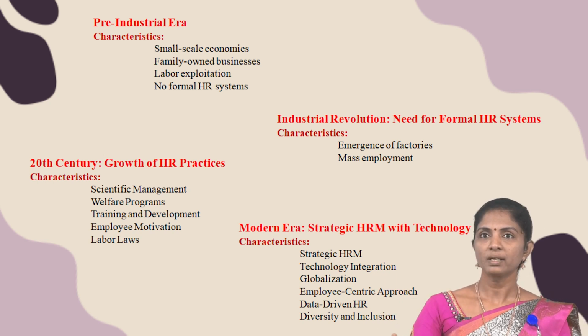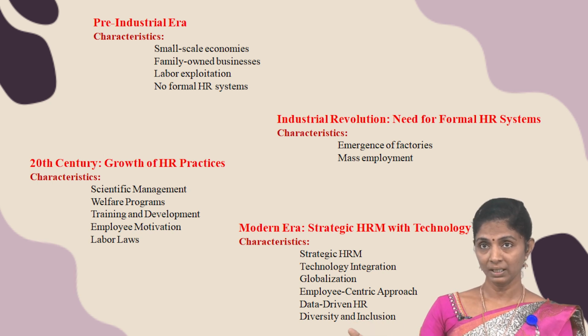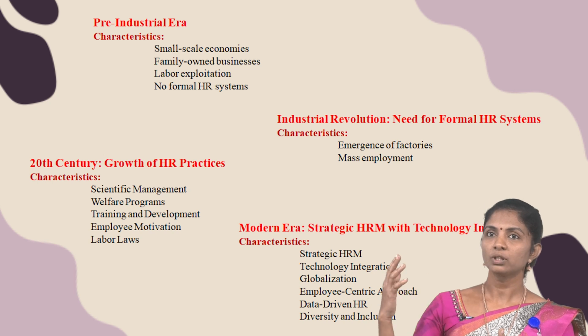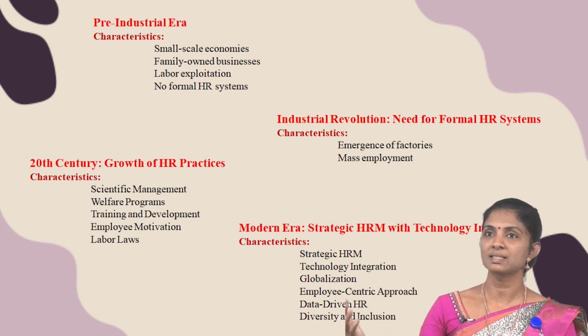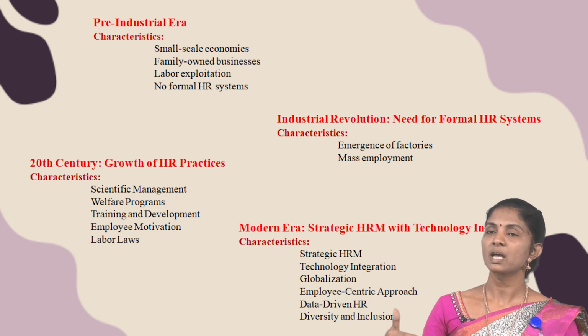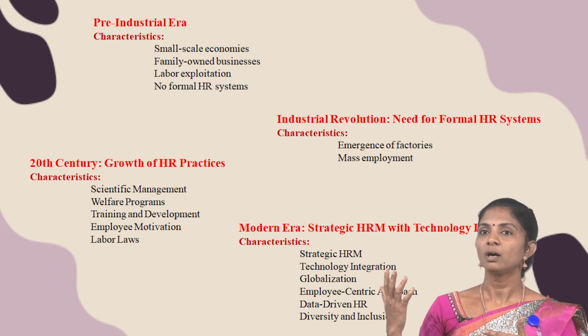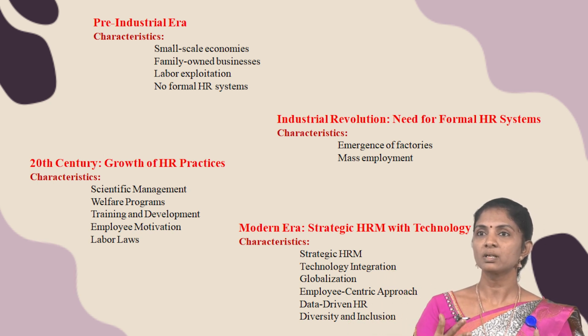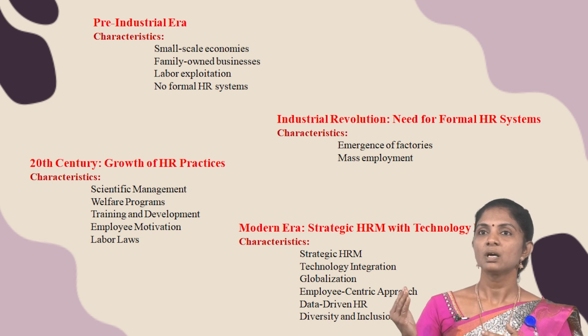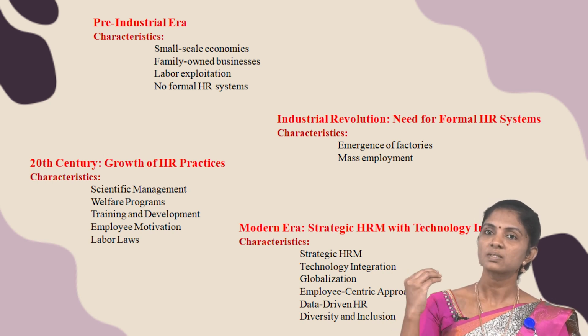So the next period is the early to mid 20th century. In this period, human resource practices grew to give a number of trainings, welfare schemes, and to motivate the employees. The human resource practices focused mainly on employee welfare.